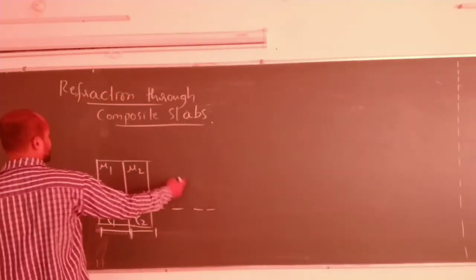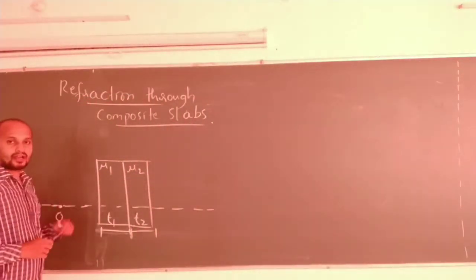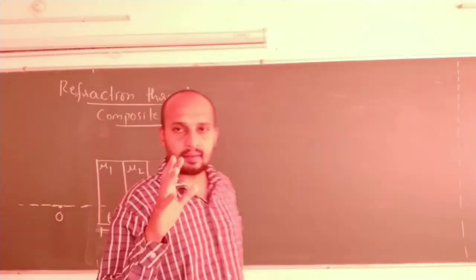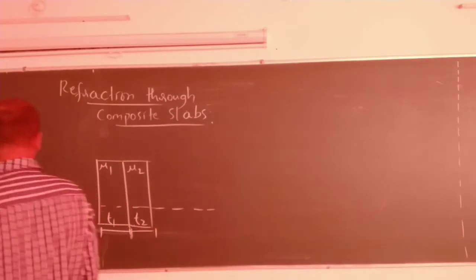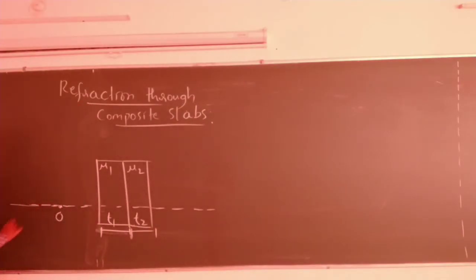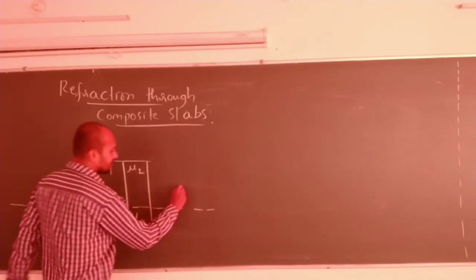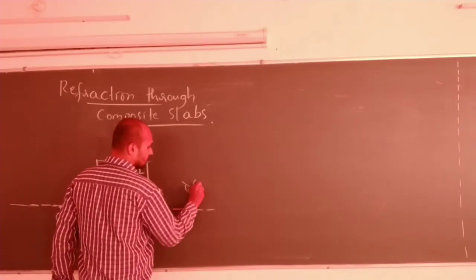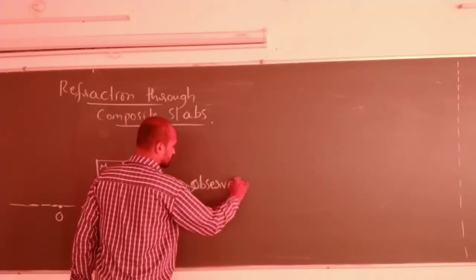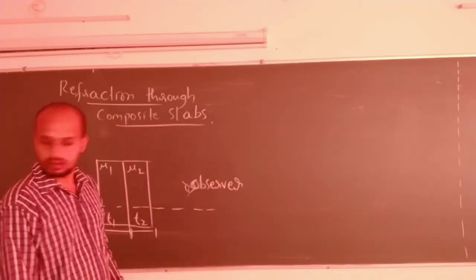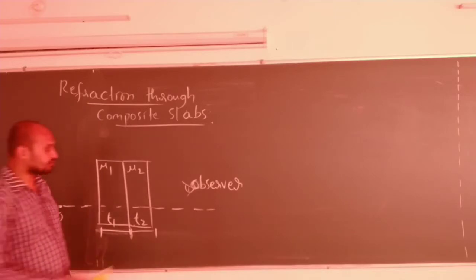When a number of slabs are kept, what exactly happens? I'll make the same analysis as I made for the single slab. Let us see how it is going to happen. Now see here, the observer is here. Let me write observer here better.